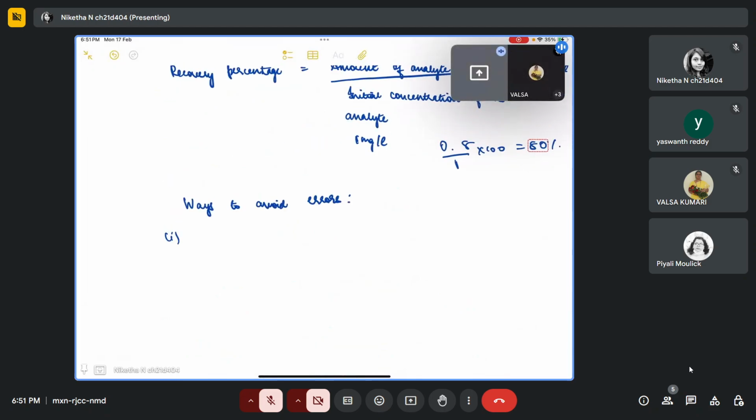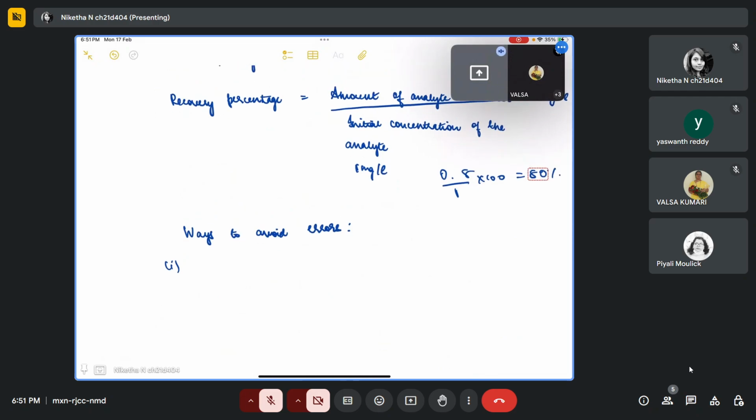So headspace, yeah, but that is only for one specific instrument, right? So when you use a GC or something, that is when you have this issue. But generally, when we use extraction, there are different ways in which we can avoid the errors, not just extraction.